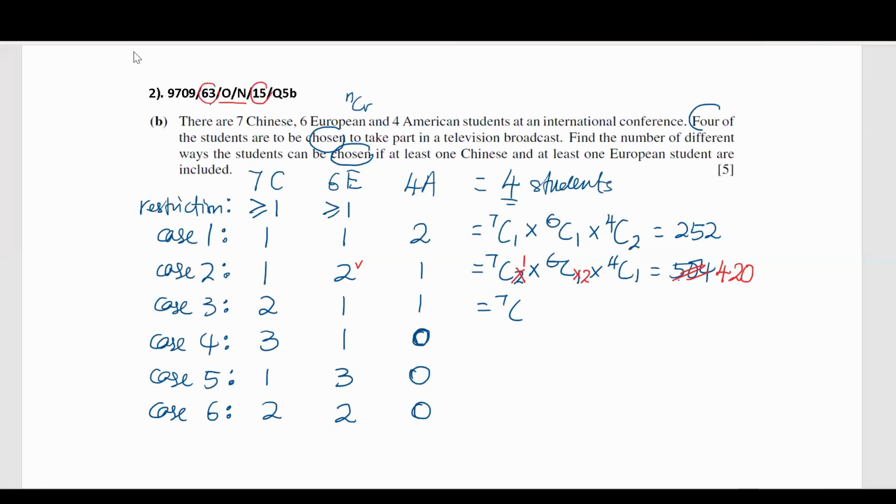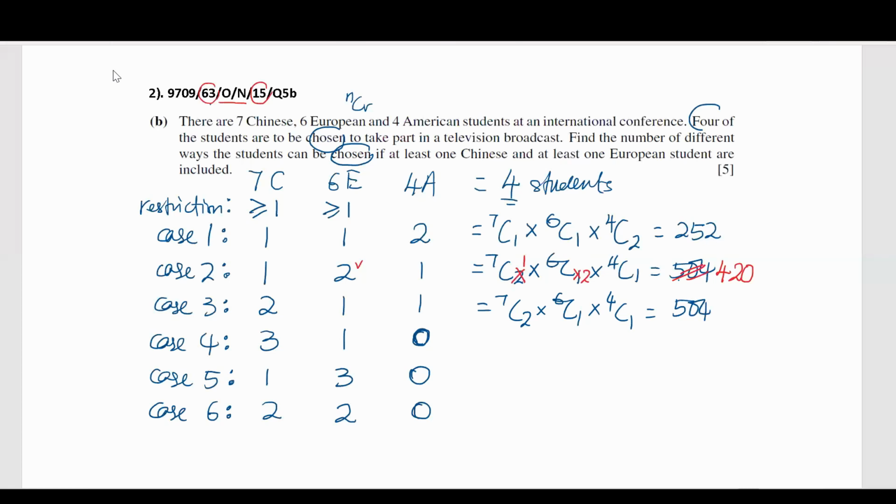Okay, now we're looking at case 3. So this is 7C2 and 6C1 and 4C1. All right, so using the calculator, the number of ways found should be 504.